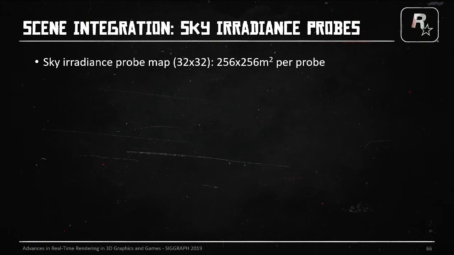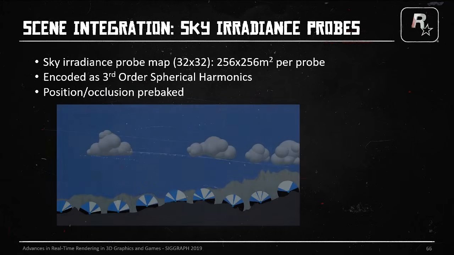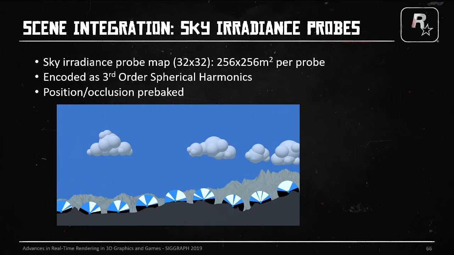Now this has a big impact on the whole image, so we need to take it into account for the sky irradiance as well. For that we have a probe grid, 32 by 32, which captures the sky irradiance and encodes this in third-order spherical harmonics. We place these probes by using a height map and a bent normal map. And the bent normal map essentially dictates the geometric occlusion for the hemisphere of that probe and the direction as well.